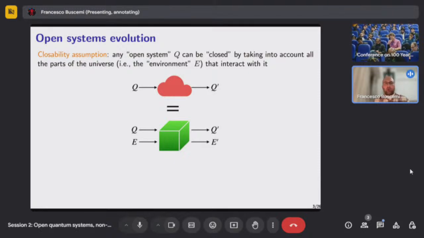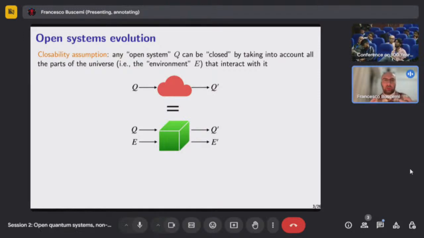So then, if you are interested in the evolution of an open system, you can somehow reduce the problem to the problem of a closed, enlarged system, if you believe in the possibility of closing your system. There is an assumption here, the assumption of closability, which is like saying that any open quantum system Q can be closed if you take into account enough parts of the universe, those parts that we call the environment, that interact with it.